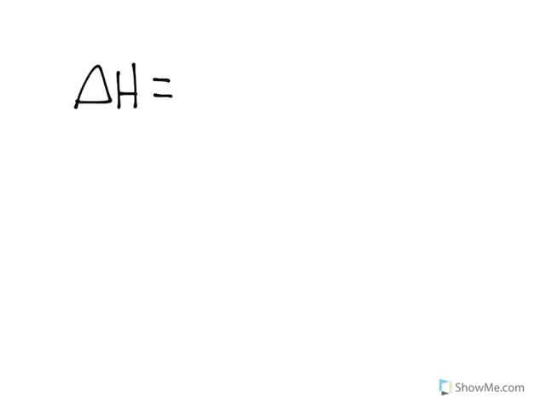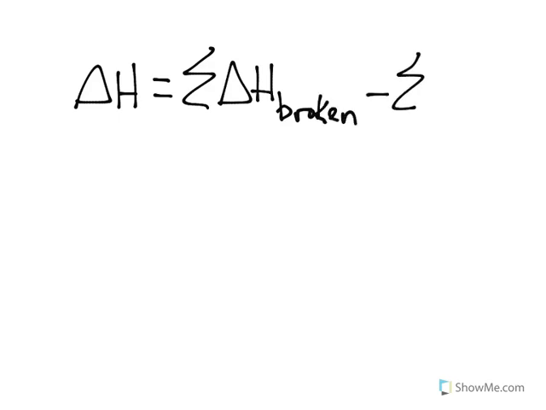But we can find the enthalpy change of this entire reaction by adding together the bond enthalpies of what was broken, minus adding together the bond enthalpies of what formed. This capital sigma here just means the sum of, so we're just adding together, and we actually already did that.